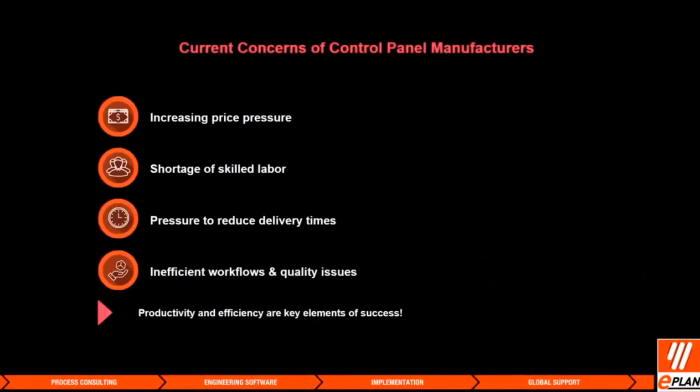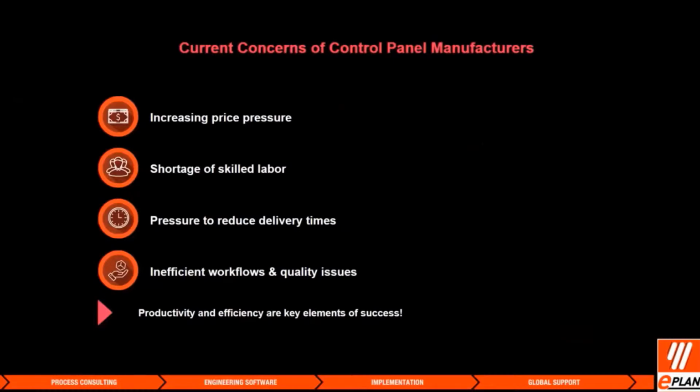Before we get started with that, I just wanted to throw out this slide, which is talking about the concerns that most panel builders that I interact with have when they're coming to talk to ePlan and RAS about their shop and how they're working today. We see the biggest pressure coming from increasing prices and shortage of skilled labor.